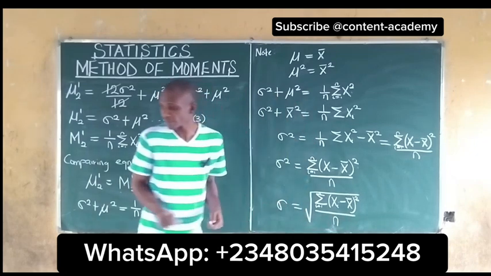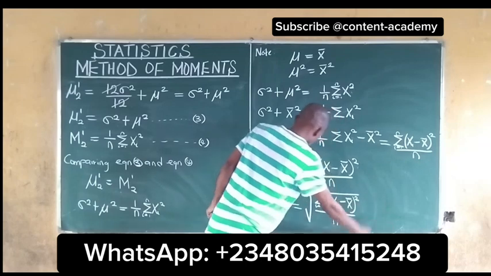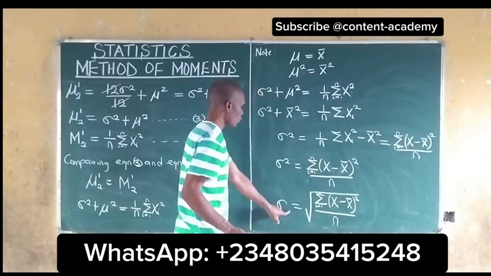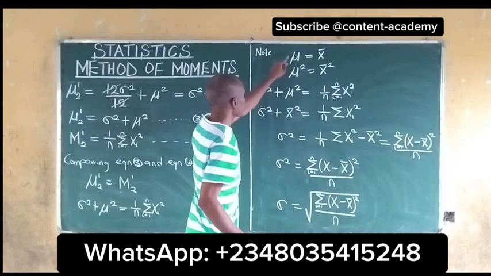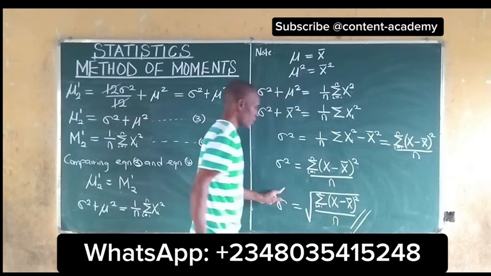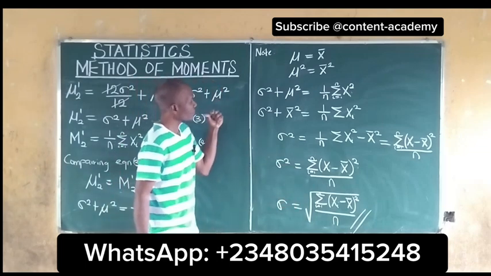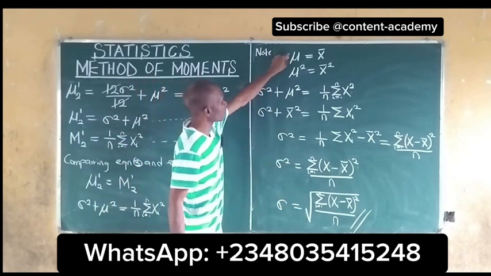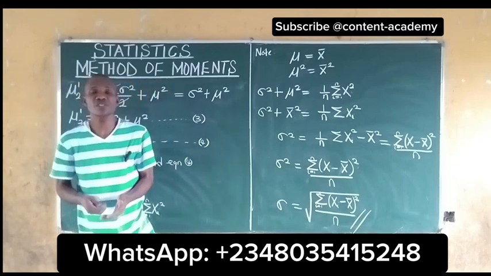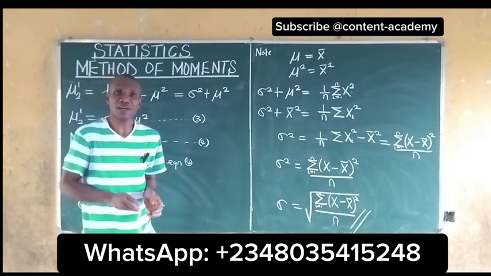So this is what we have as our sigma for the second moment. Of course, we are asked to find the mean and the variance. This is the answer for the method of moments for the given interval. The second moment, while this is the first moment for the given interval. So this is how we can compute the method of moments estimation when a uniform distribution of a given interval is given.